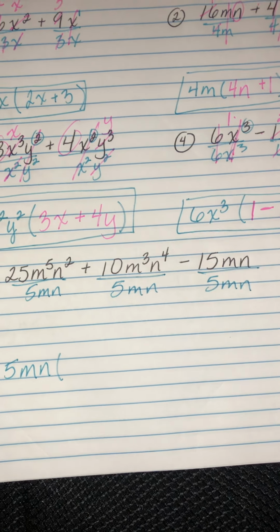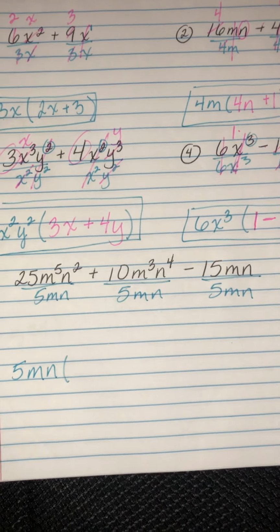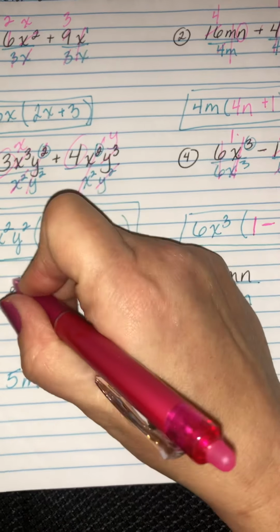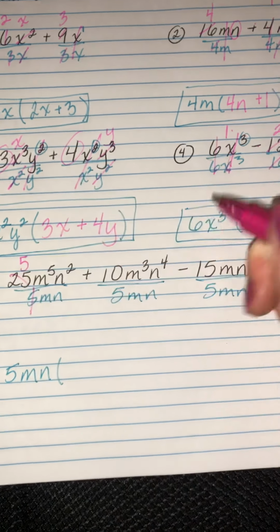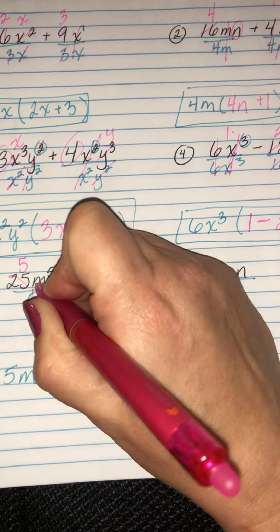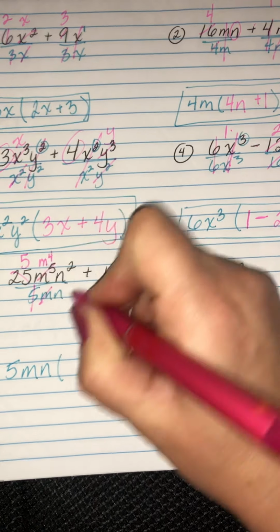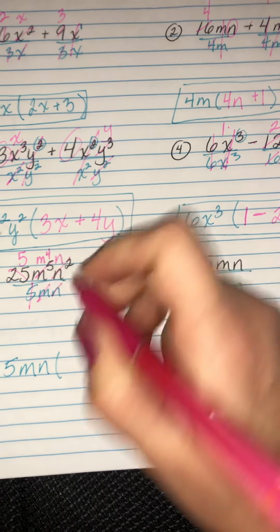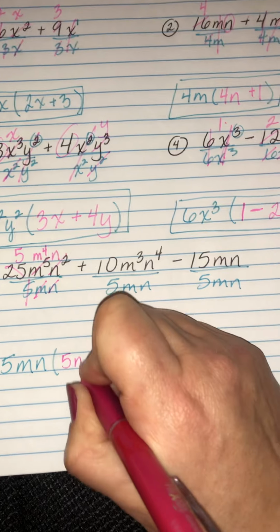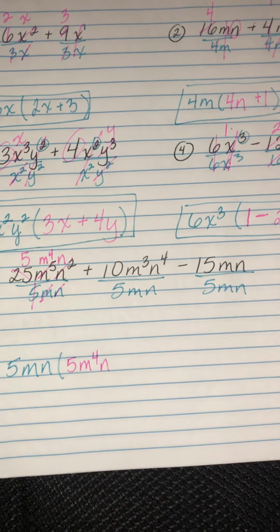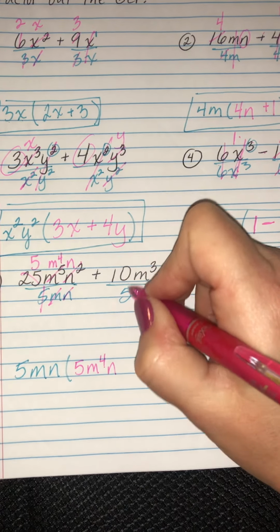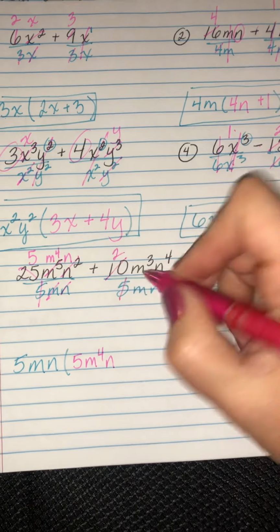So 25 divided by 5 is 5. This leaves me with m to the fourth, and this just leaves me with n. So I have 5 m to the fourth n is my first term. 10 divided by 5 is 2.